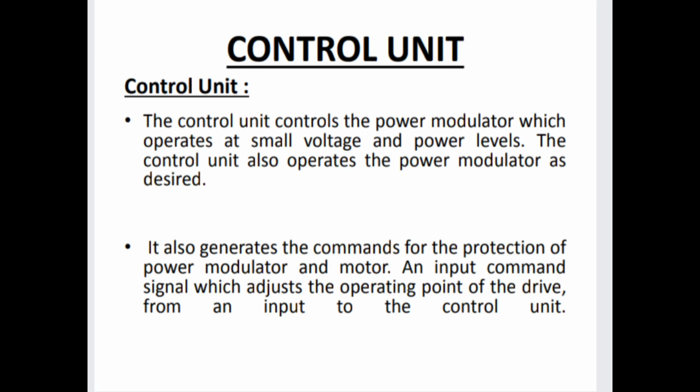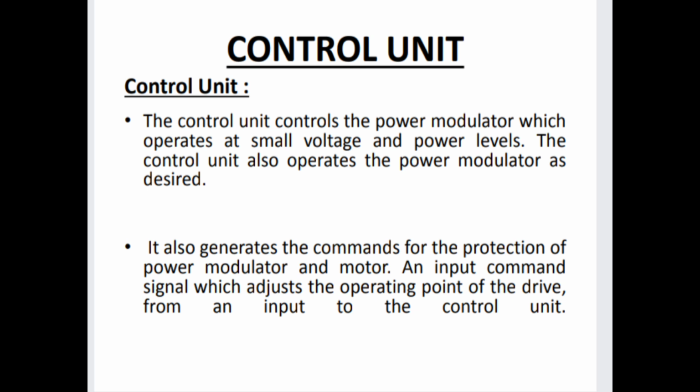Then the control unit. What is the control unit? The control unit controls the power modulator. The power modulator regulates the output power and the control unit controls the power modulator, which operates at small voltage and power levels.